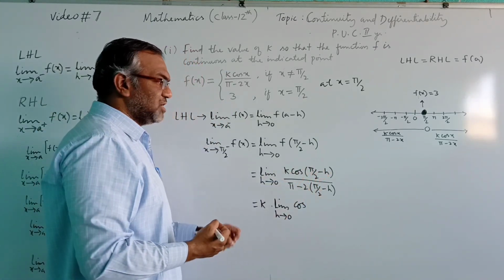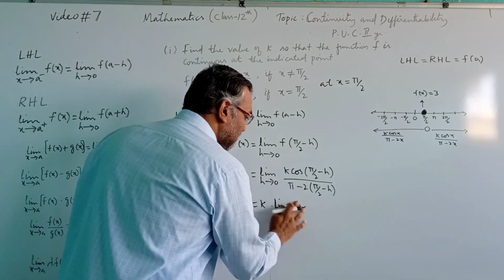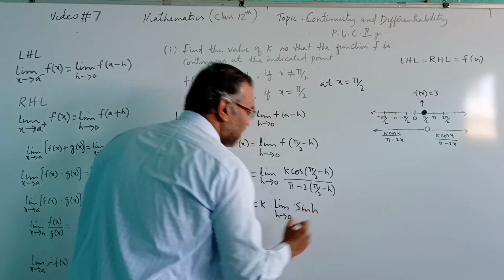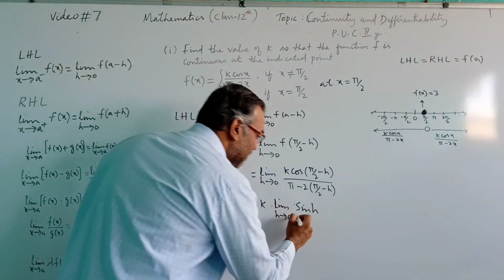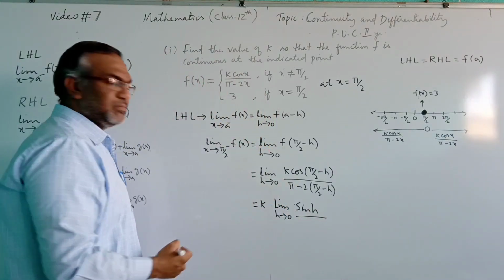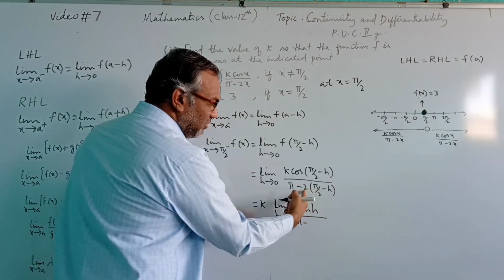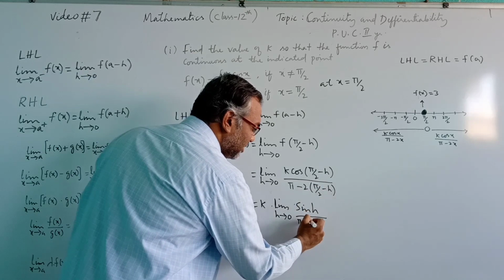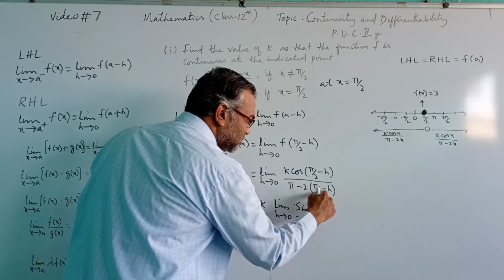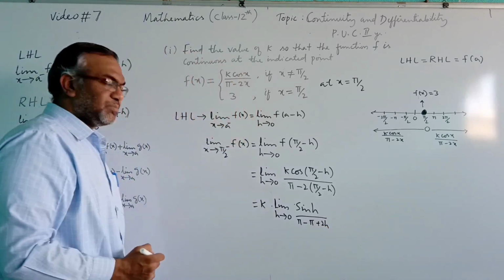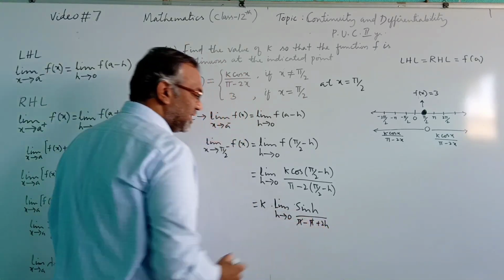We all know that cos 90 minus theta is sin theta, divided by pi minus, multiplying this by this, it will become pi. Minus into minus is plus, 2 into h is 2h. So this pi and pi can get cancelled.